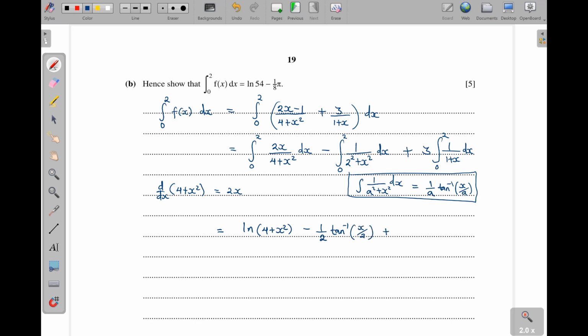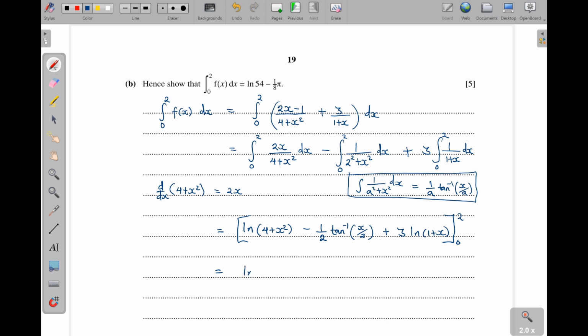Then plus 3 here. When you differentiate this one, you get a 1 that is here. That means we shall get natural log of 1 plus x here. And then we can put the limits. That is 2, 0.